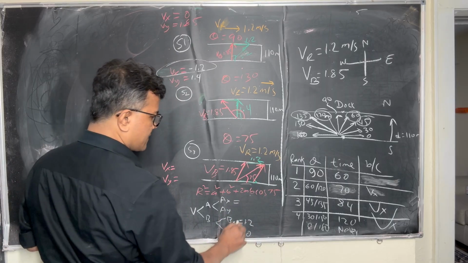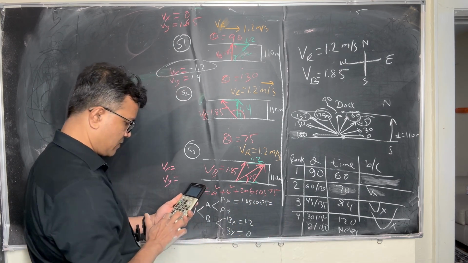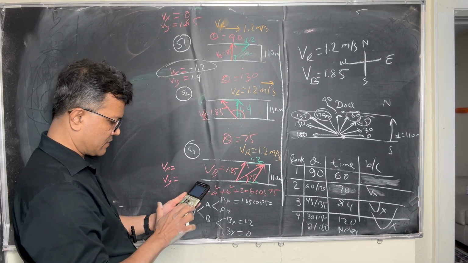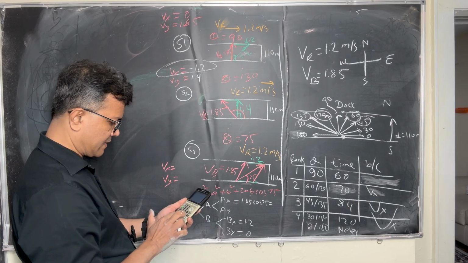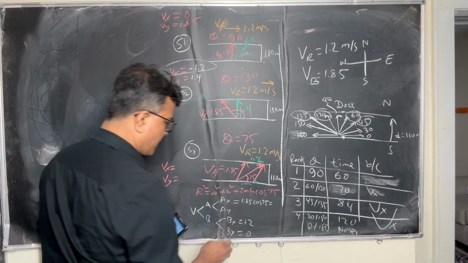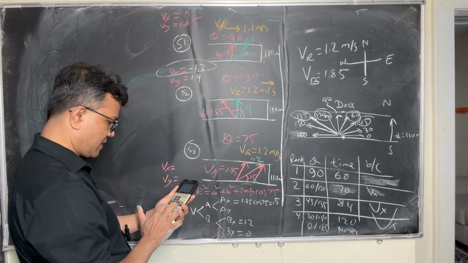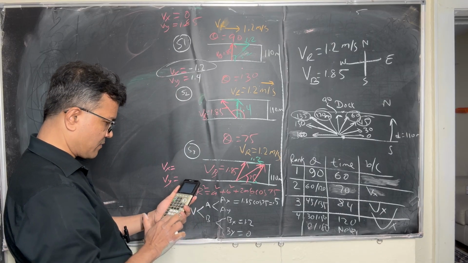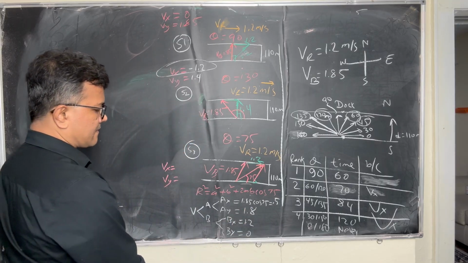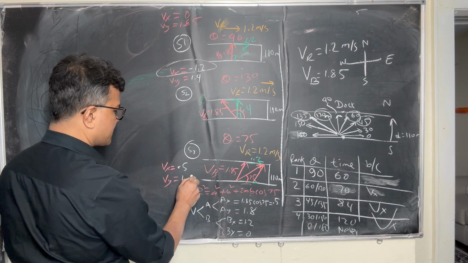AX is 1.85 cosine 75, which is 0.5. AY is 1.85 sine 75, which is 1.8. So this is 0.5, and this is 1.8.